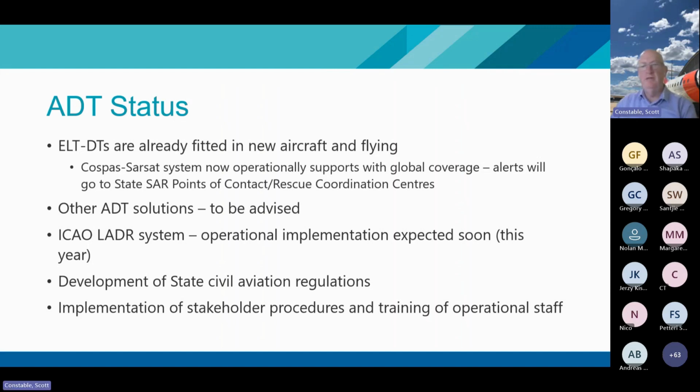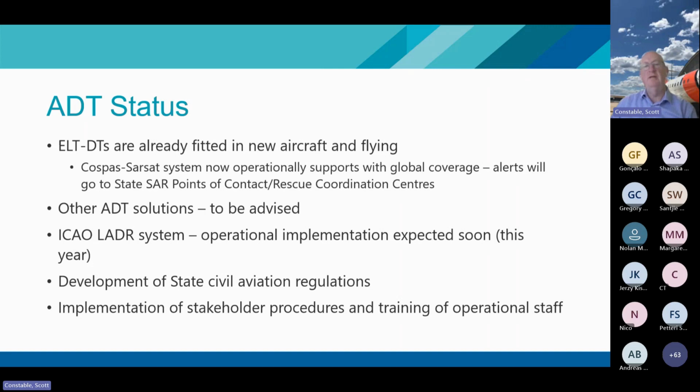In Australia, we have procedures in place for our JRCC Australia, and our regulator is currently developing regulations for aircraft. And the regulations side, it varies state to state at the moment as to where they're at with the regulations.